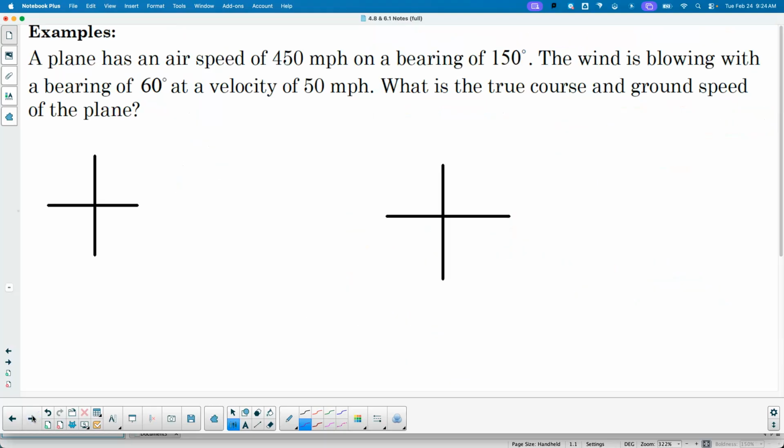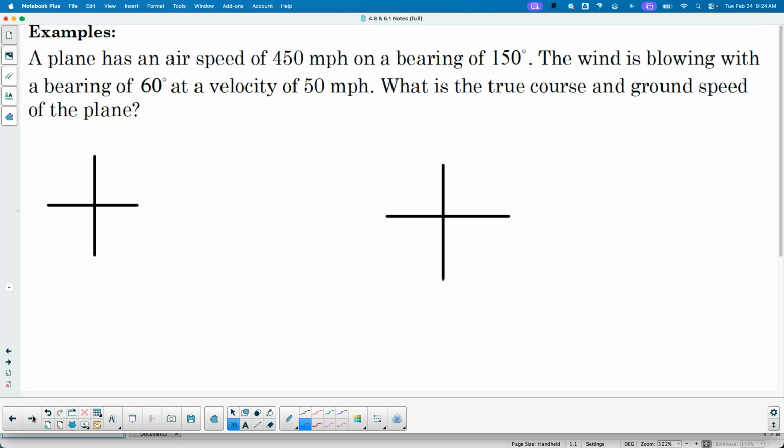A plane has an airspeed of 450 miles per hour on a bearing of 150 degrees. The wind is blowing with a bearing of 60 degrees at a velocity of 50 miles per hour. What is the true course and ground speed of the plane? Okay?